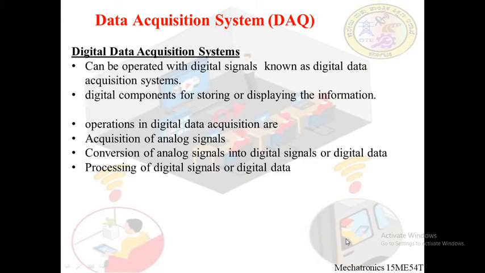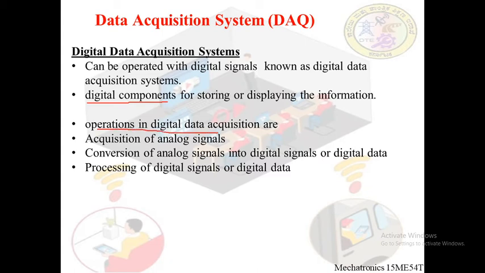The next type is the digital data acquisition system. The digital data acquisition system operates with only digital signals. Storing or displaying information with digital components is very easy. We have read from our first class that digital data can be stored very easily compared to analog data.